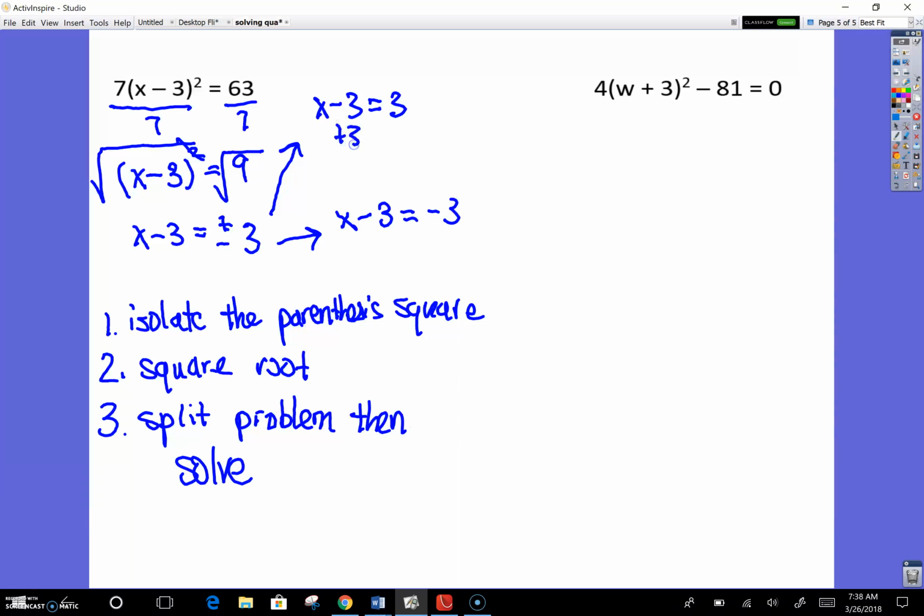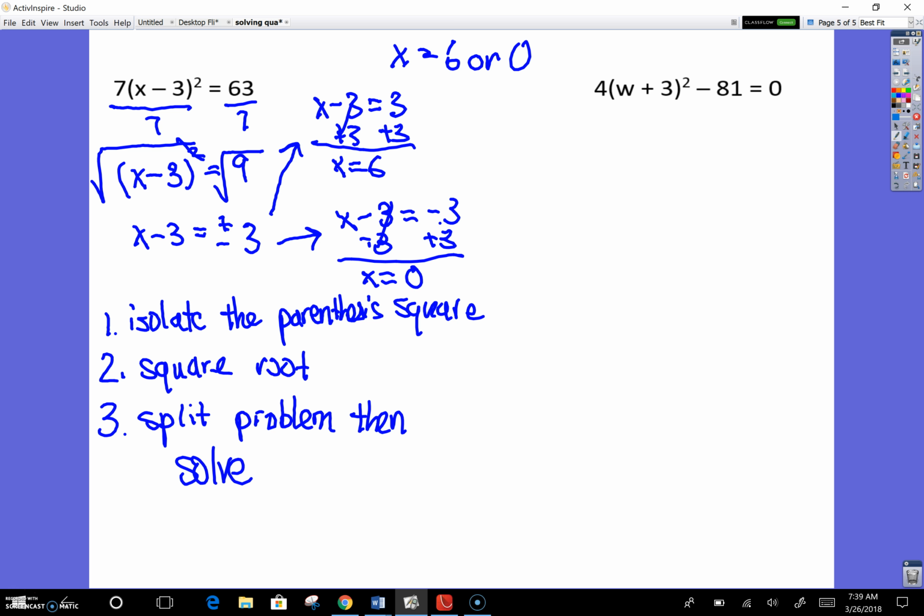So plus 3, cancel, x is equal to 6. Plus 3, x is equal to negative 3 plus 3, which is 0. So our answer is x equals 6 or 0.